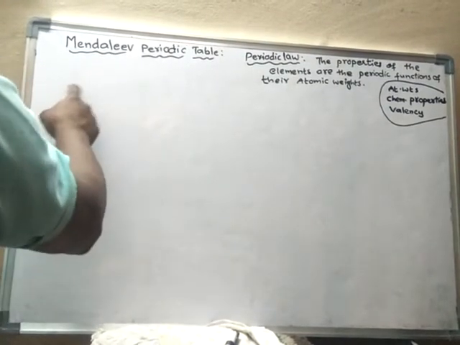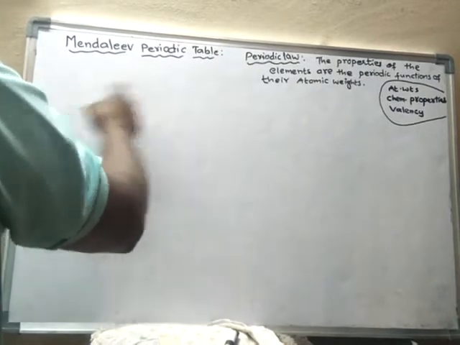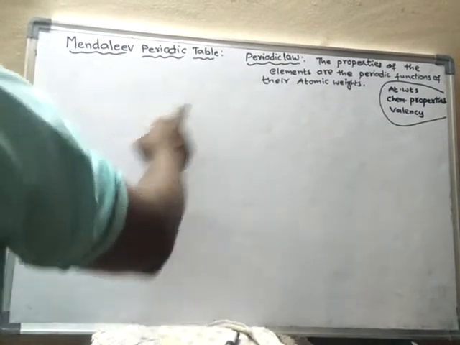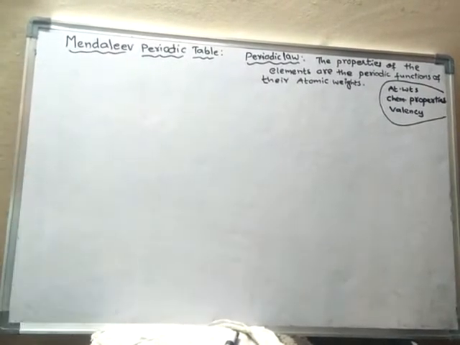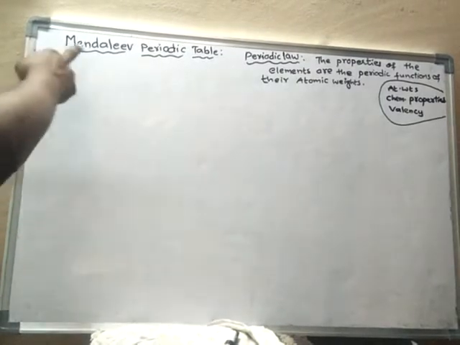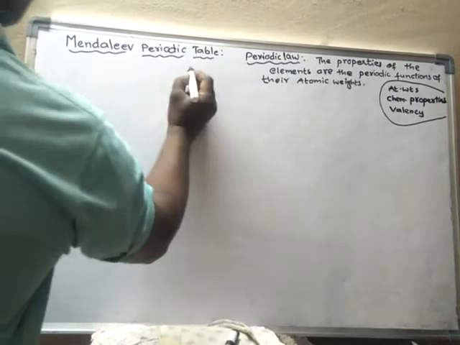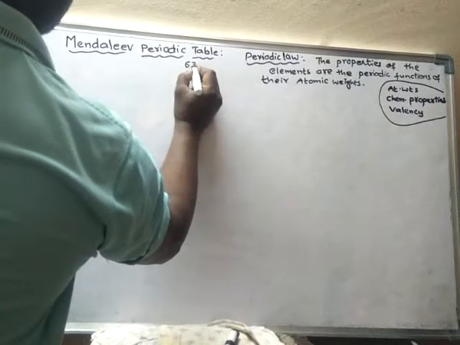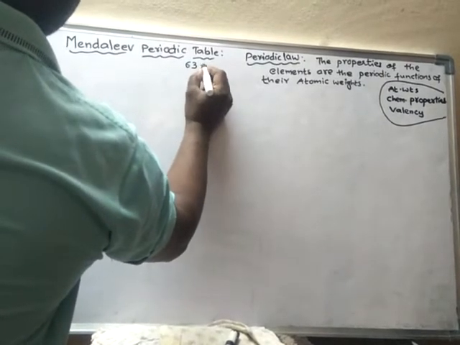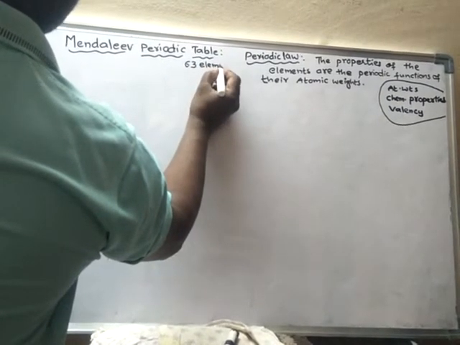Now in order to understand the meaning, let us see how the table is arranged. By the time of Mendeleev, only 63 elements were known.